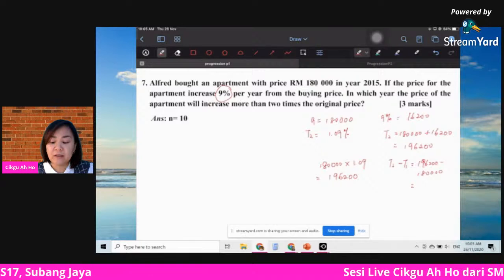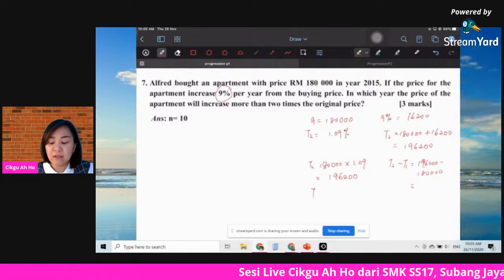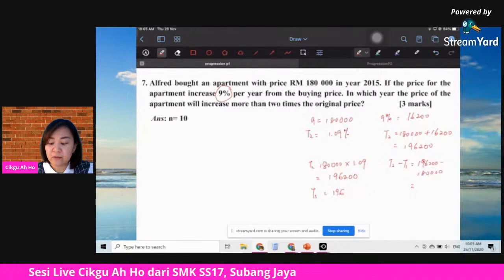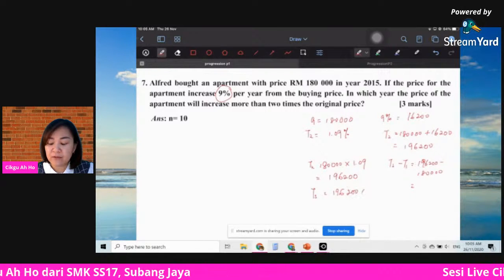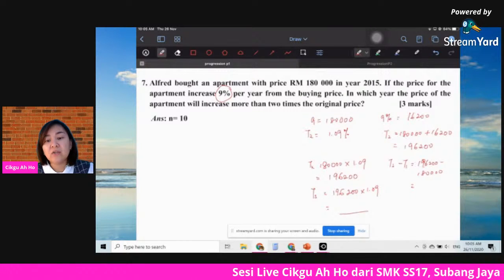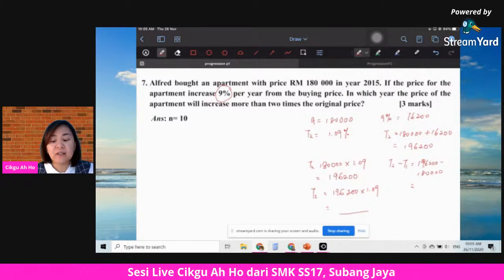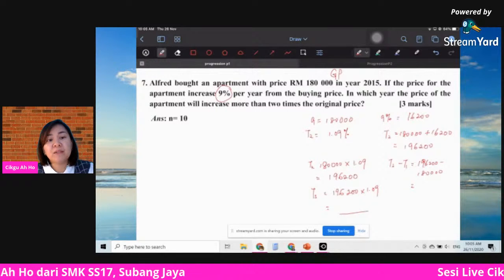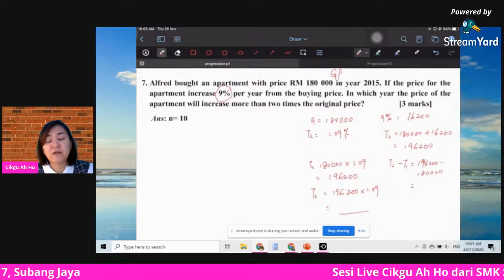This is the second year price. Then the third year, same thing: use this price, 196,200 times 1.09, and you get the year 3 amount. So this kind of question is actually a GP. When you see a percentage increase, definitely it's a GP.